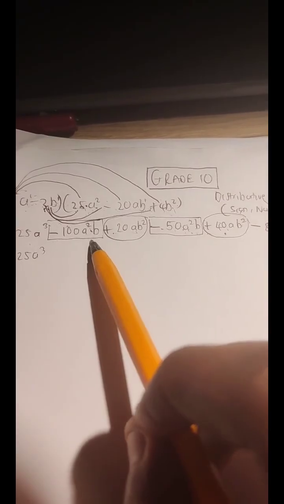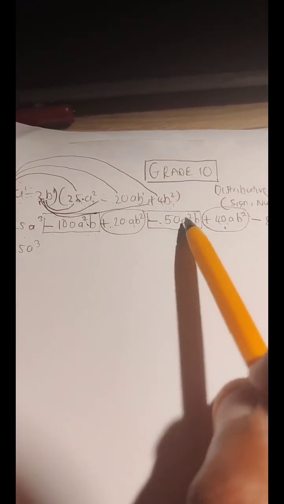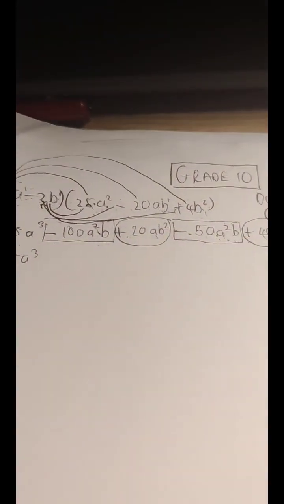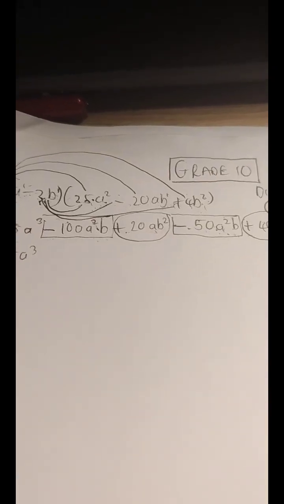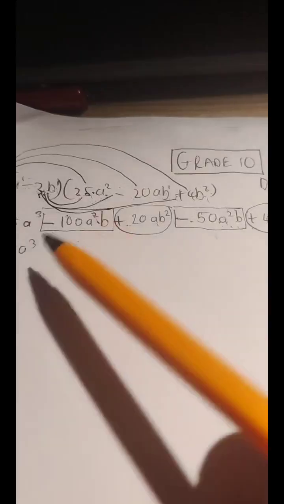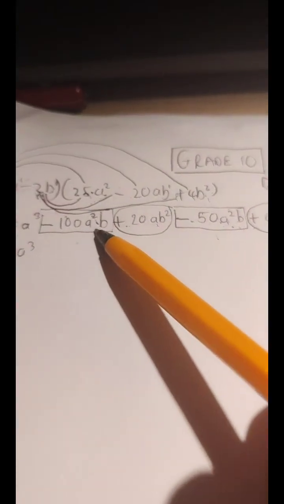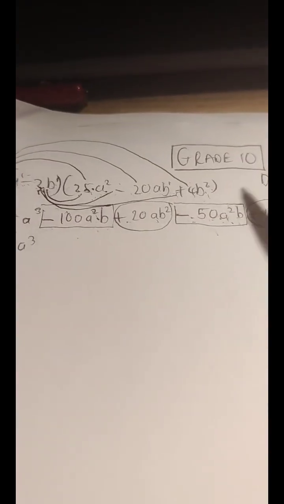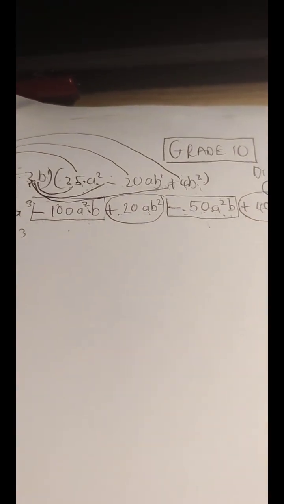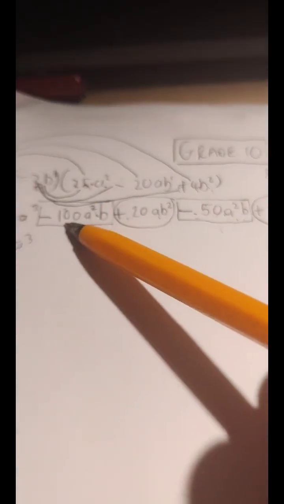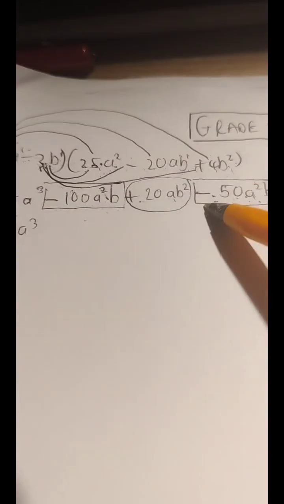Those are like terms. When we actually resolve the addition and subtraction of these two, what is the answer? Negative 100a squared b minus 50a squared b. I'm waiting for someone to tell me what negative 100a squared b minus 50a squared b is.